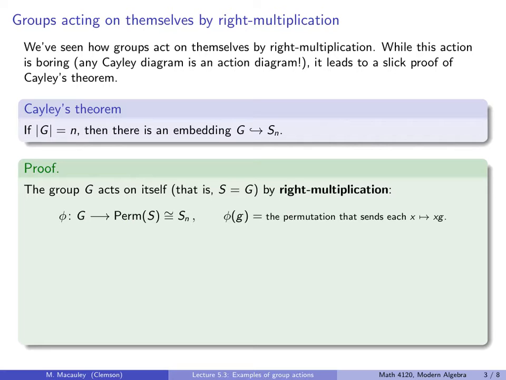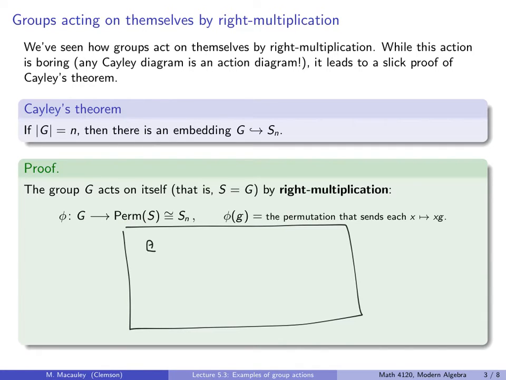So imagine this. You have a group switchboard. Again, I always like to think of group actions as a group switchboard, and every element has a button. The identity has a button. A has a button. B has a button. A, B has a button.